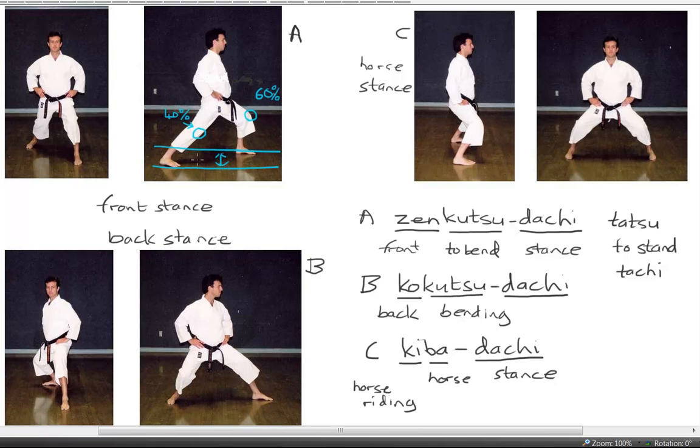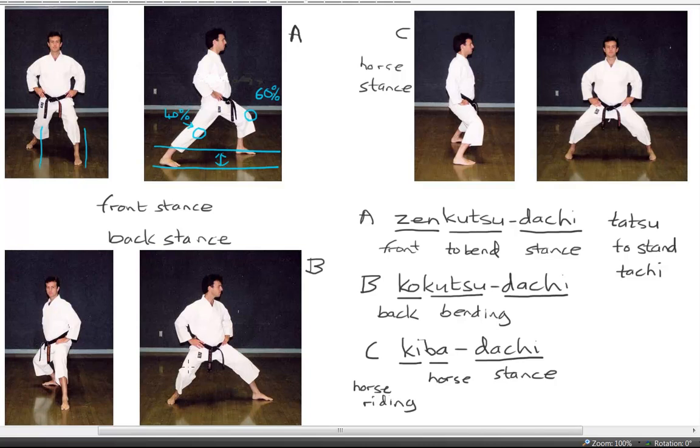A lot of people make the mistake of having the line of the stance straight, where the front foot is in line with the back foot. This provides a lack of stability, so this is not the right way to go. We need to have some width in the stance, and the weight distribution should be about 60% on the front to 40% on the back.